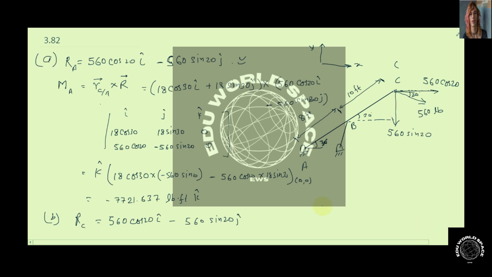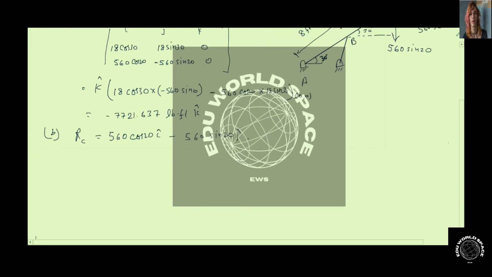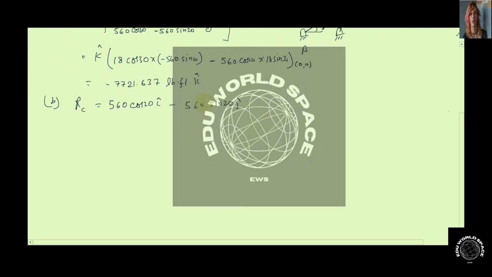So the moment about point B will be the position vector of point C with respect to point B crossed with the equivalent force at point C.